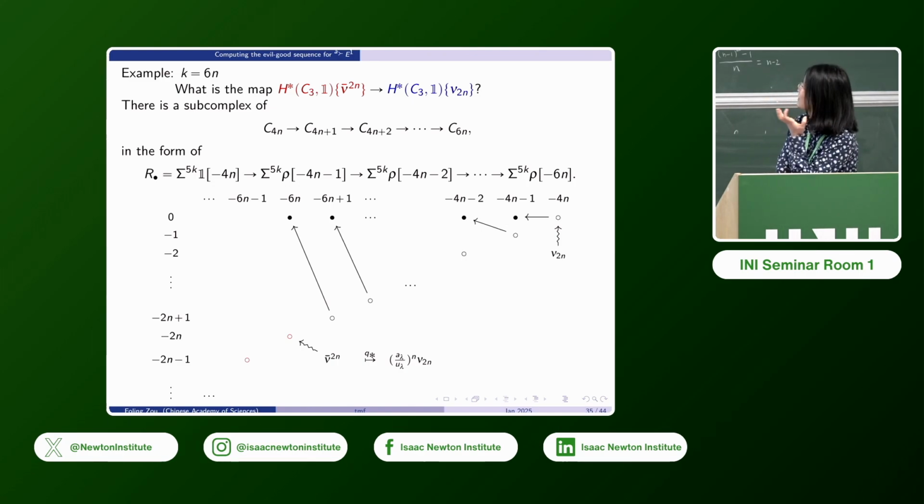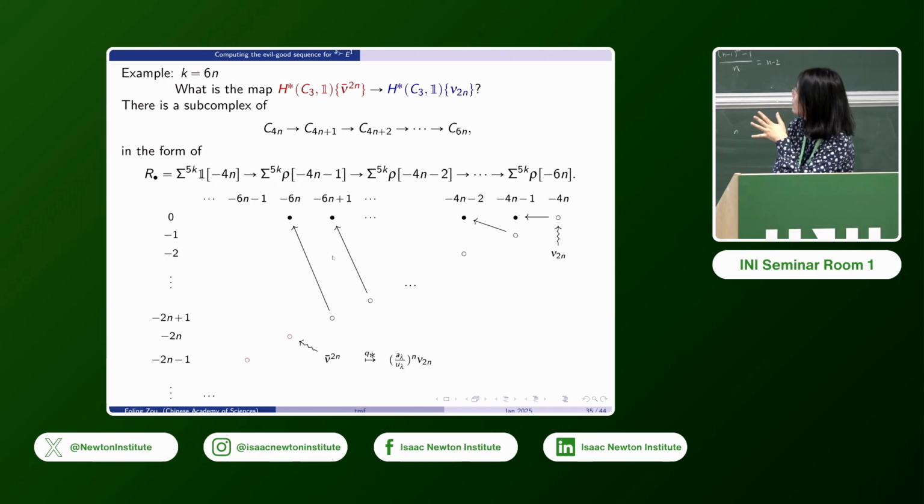Okay, so to sum up, what we have deduced is that this is part of the coherent spectral sequence for the total thing, and the black dots are in the E infinity page of the evil thing, and these are the connecting homomorphism of the evil good sequence as well as the differentials in the coherent spectral sequence.